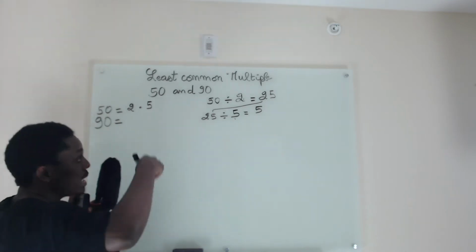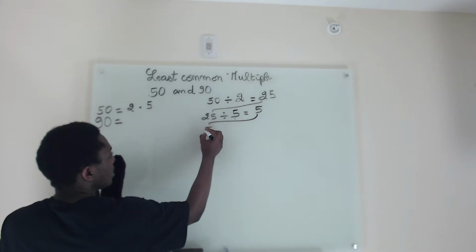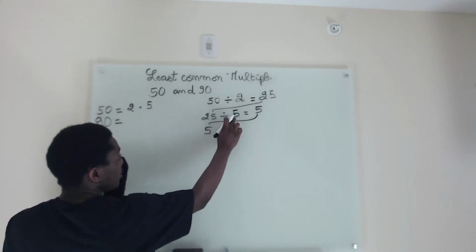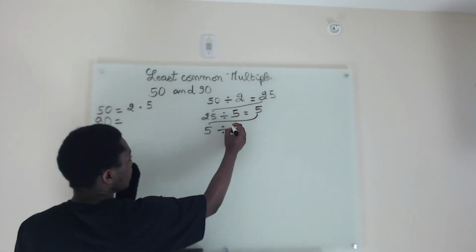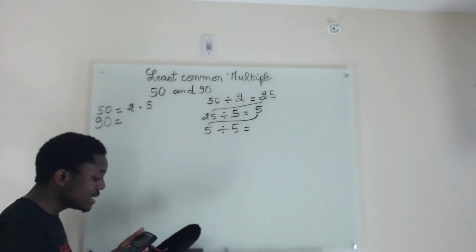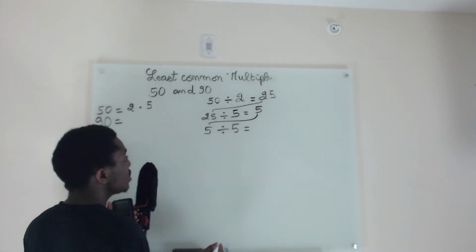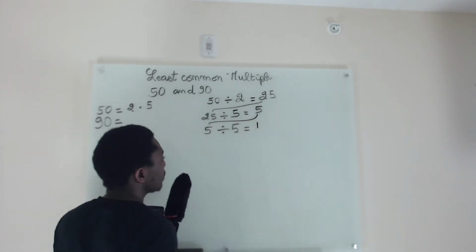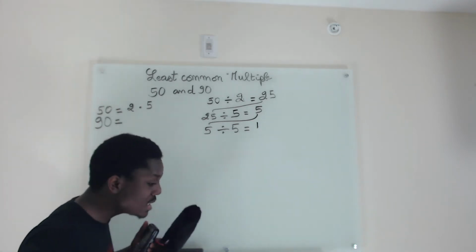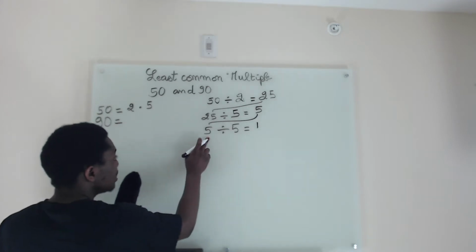Okay? So I keep performing the division again. I take 5 and I divide it by the same previous number right here, which is 5. When I take my calculator and put 5 divided by 5, the answer is 1. Since the answer is a nice number that doesn't contain a decimal point, this number is a multiple of this one.